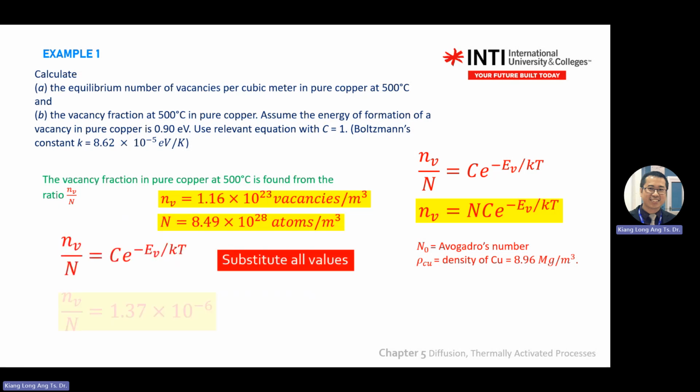You divide, and you will get 1 point something. So the fraction doesn't have any unit. It looks small, but in materials science, this is actually quite a big number. Okay, we are done with this equation.